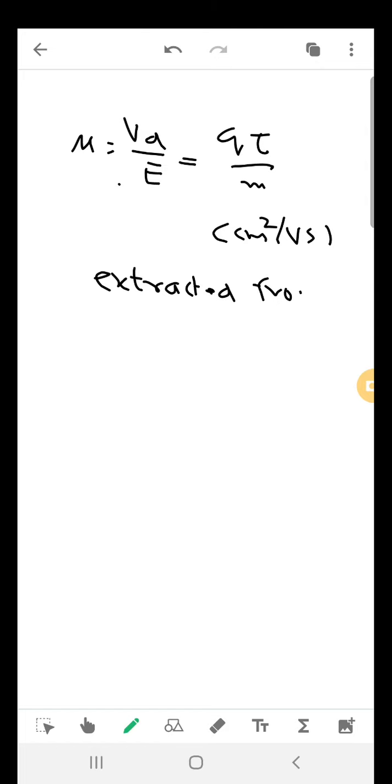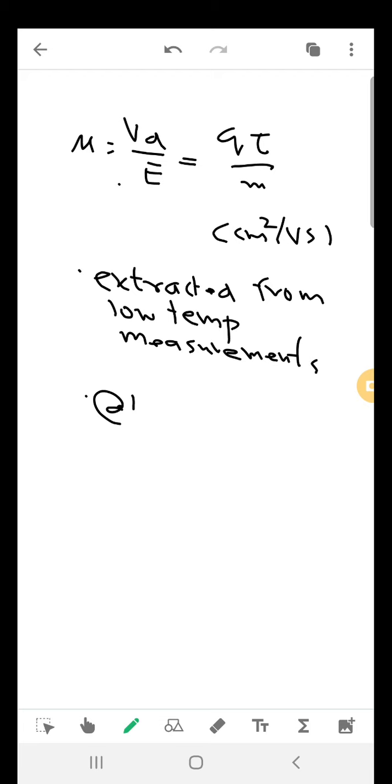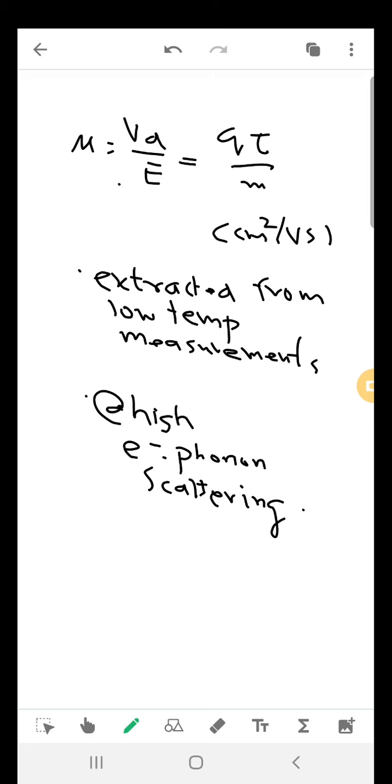At high temperature there will be electron scattering, or electron-phonon scattering may take place. That is why we prefer to extract the value of mobility at low temperature.